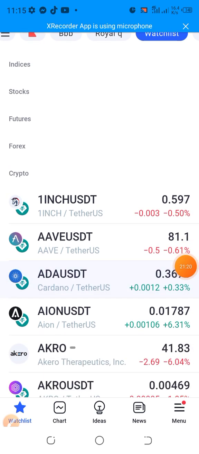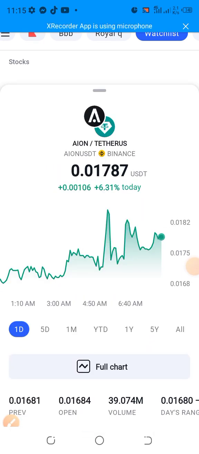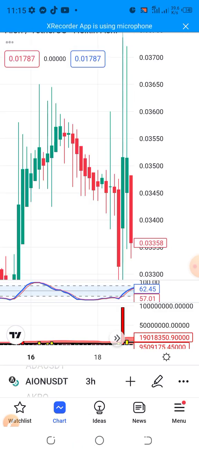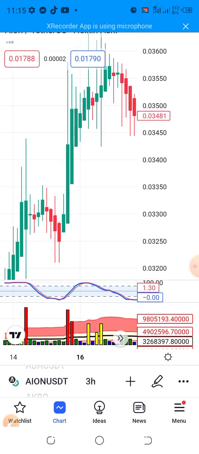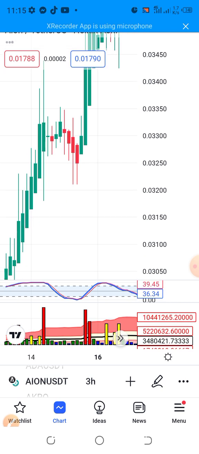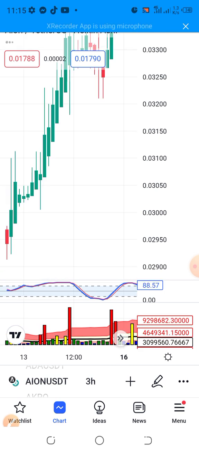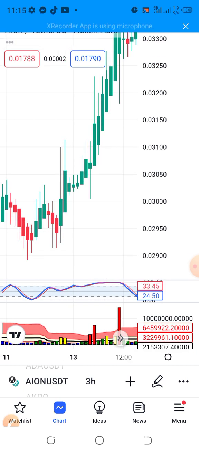Let's see this Iron USDT, right? Iron USDT, I'm trying to get it so that we can see.